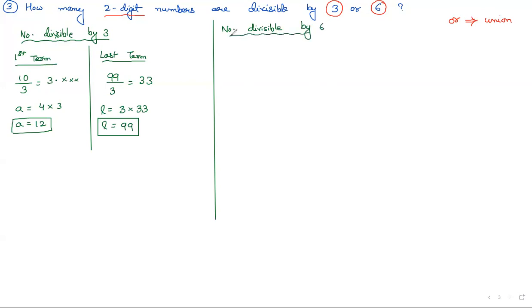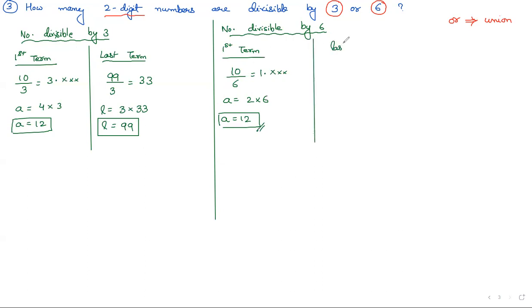When I have the numbers divisible by 6, my first term is again the same, 10 by 6, which is 1 point something something something. So a is equal to, I have to consider the second integer, that is 2 into 6. A is nothing but 12. So 12 is the first term.